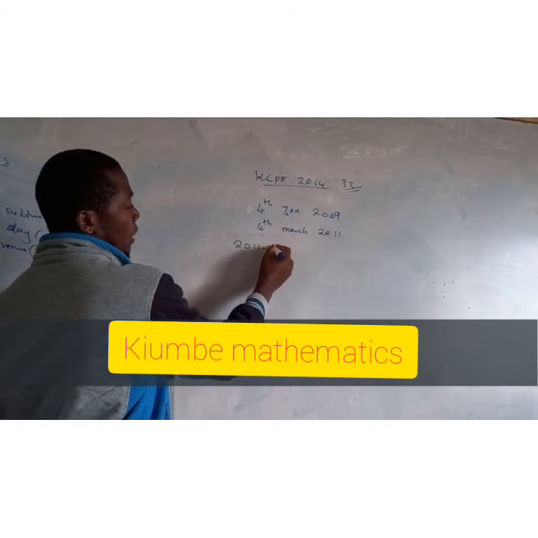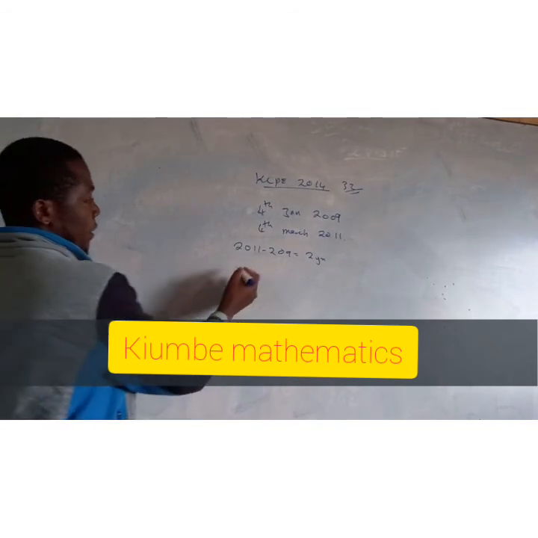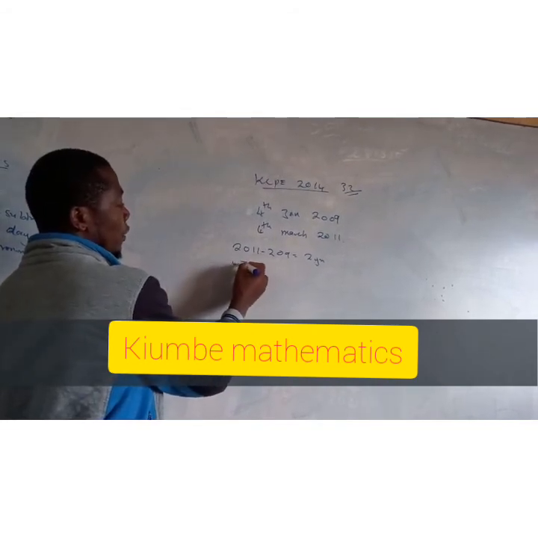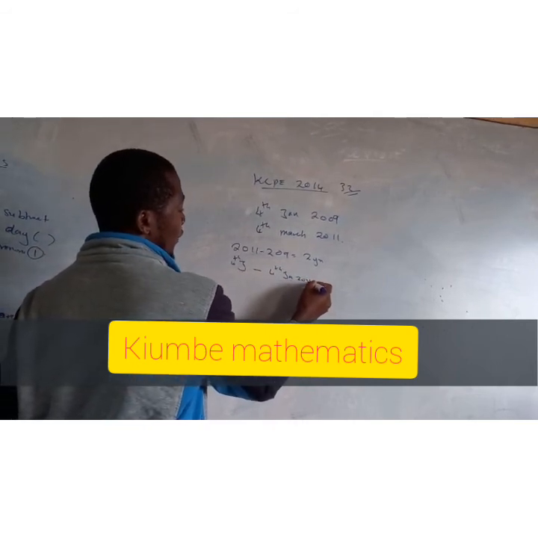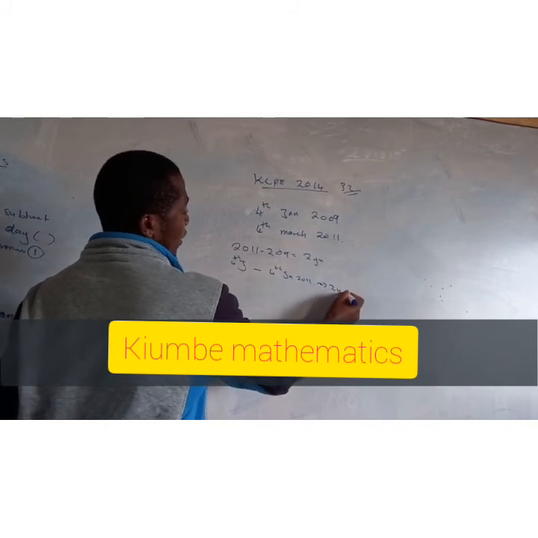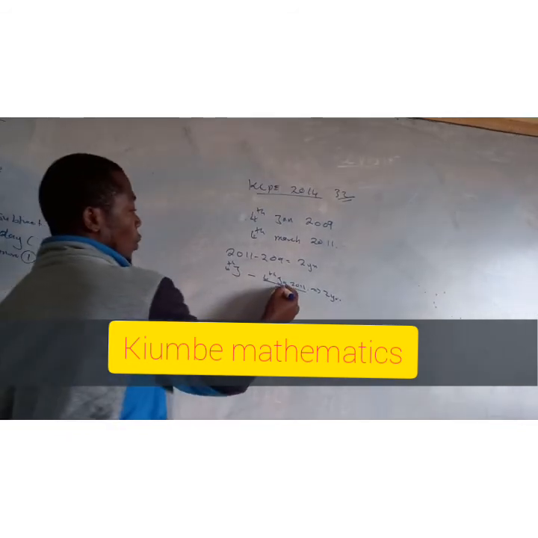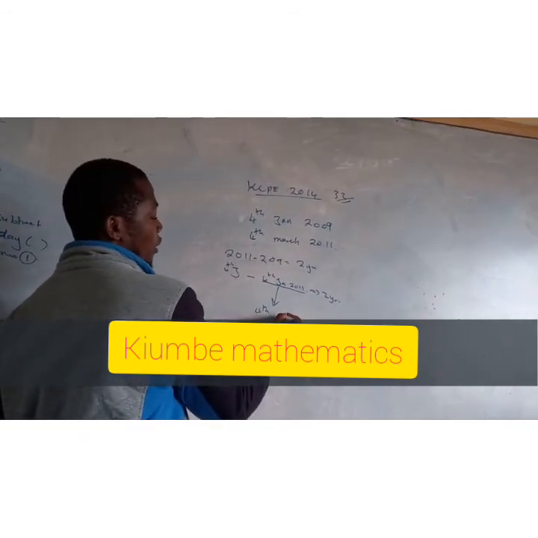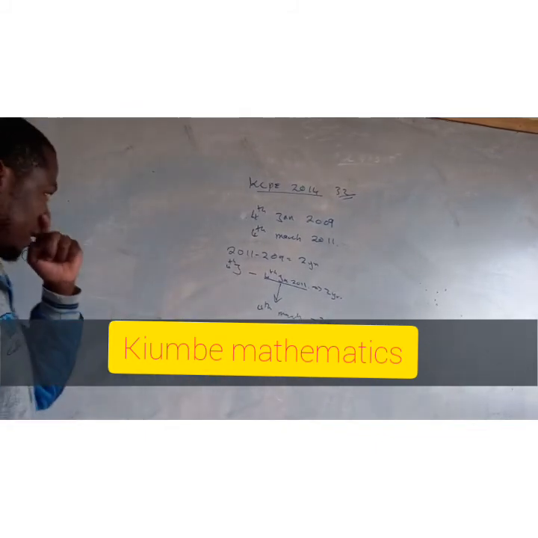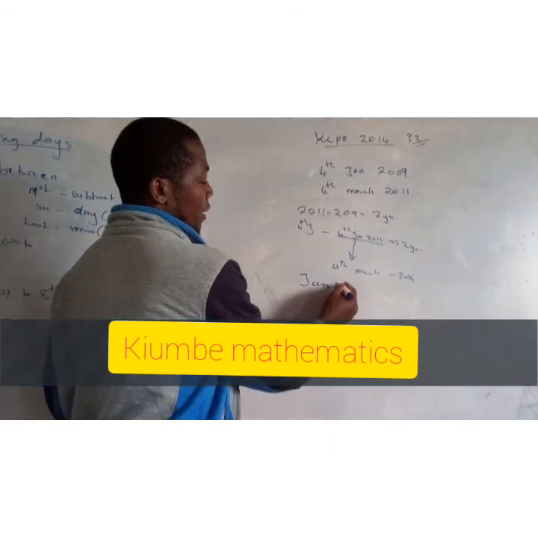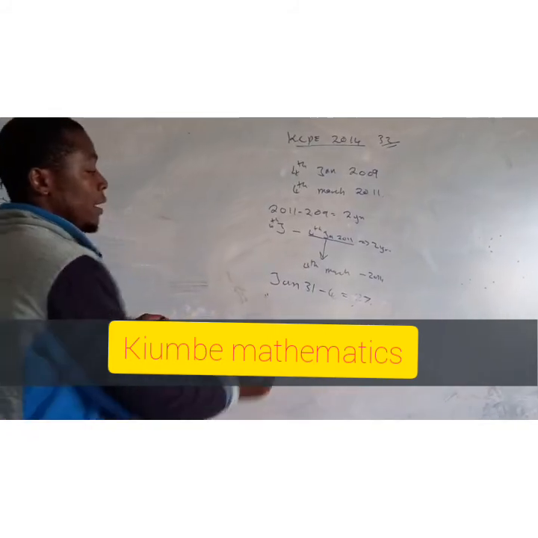So the years we shall subtract, and get 2 years, then check the months. From 4th January 2009 to 4th January 2011 is 2 years. Therefore, from 4th January 2011 to 4th March 2011, we shall count how many days are there. January is 31, so we just subtract 4 and have 27 days.